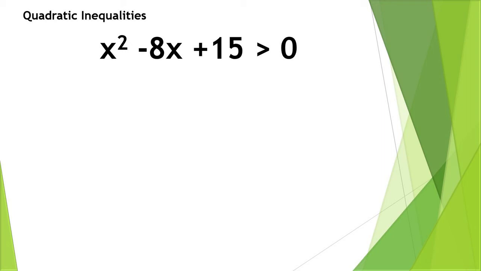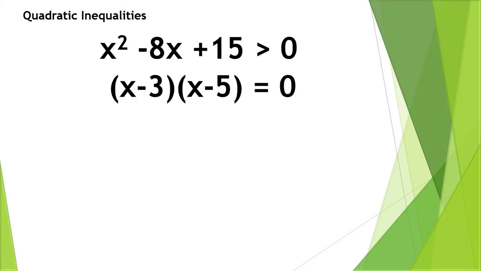x squared minus 8x plus 15 greater than 0. Now, the same as in the last example, we're going to rewrite this inequality into a quadratic equation. The objective is to write the factors of the equation. And of course, the factored form of x squared minus 8x plus 15 equals 0 is the quantity of x minus 3 times the quantity of x minus 5 equals 0.